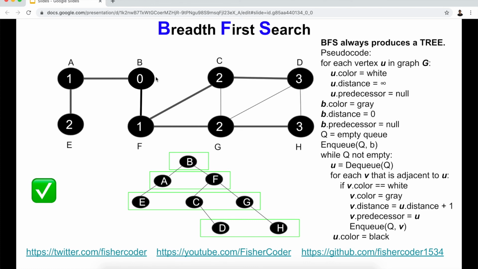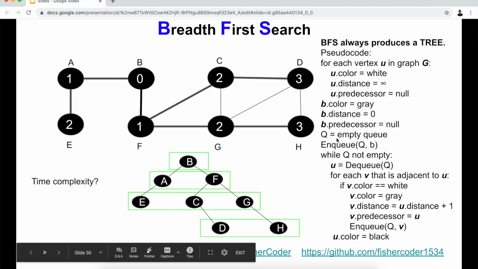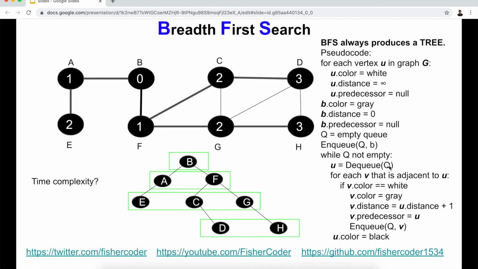Now let's talk about the time complexity of this breadth first search. Suppose the number of vertices is V and the number of edges is E. Because the enqueue and dequeue operation is only going to take O(1), and again, we're using adjacency list as the representation of the edges. So as you can see in this pseudocode, we scan the adjacency list only when this vertex is dequeued.